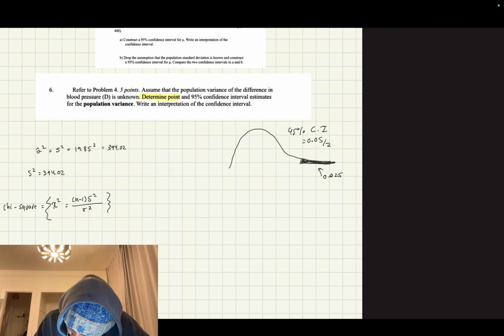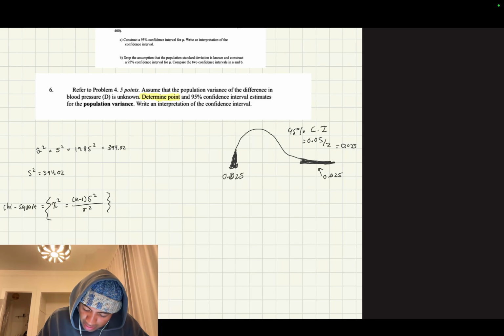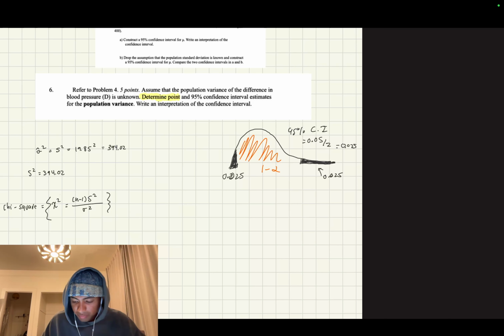This is 0.025, because alpha divided by 2 equals 0.025. And over here is also 0.025. In the middle is our 1 minus alpha, because these two on our left-hand and right-hand sides are each alpha divided by 2.